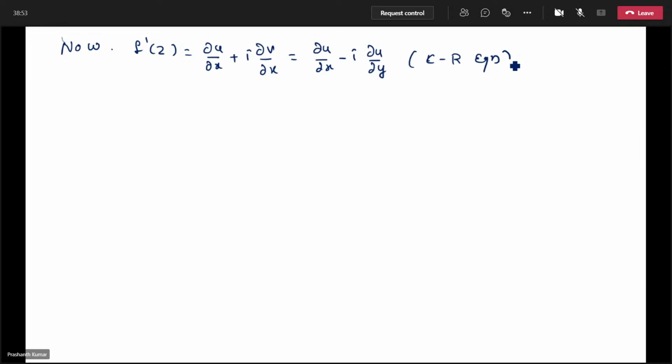After that, we take the differentiation of the function, substitute the values in the Milne's expression, and find f of z. After that, we write u plus iv as the analytic function. So this is the way we find it. In this class, here only I am stopping.